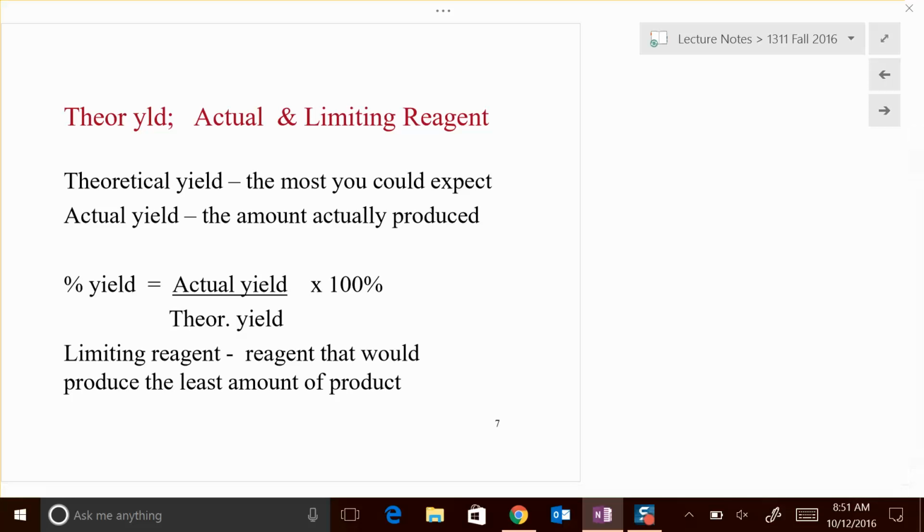the theoretical yield is a calculated amount. The actual yield is the amount that you would actually collect after running a reaction in the laboratory. So I run it in the laboratory, I weigh the product, and that's my actual yield. Okay? So, to determine how well you did on your reaction, you can set up a percent yield.